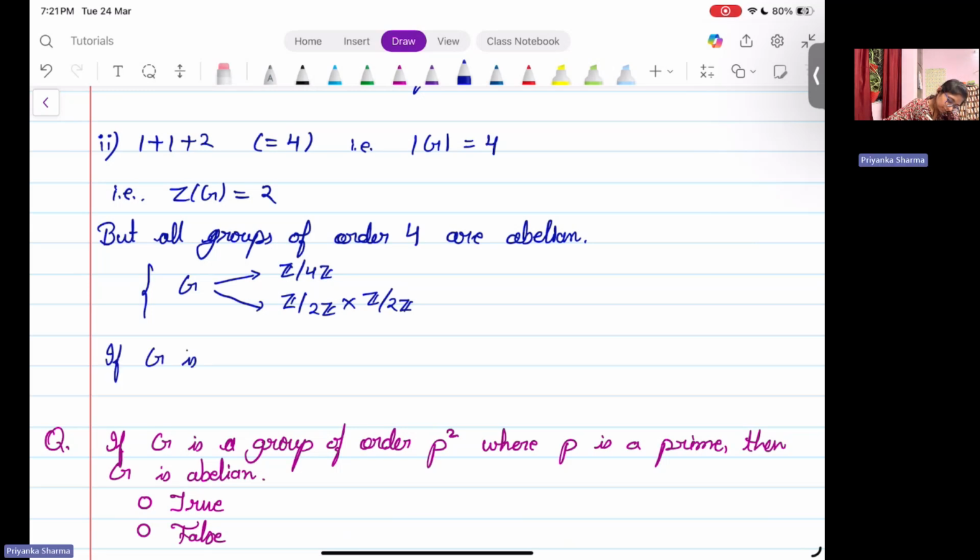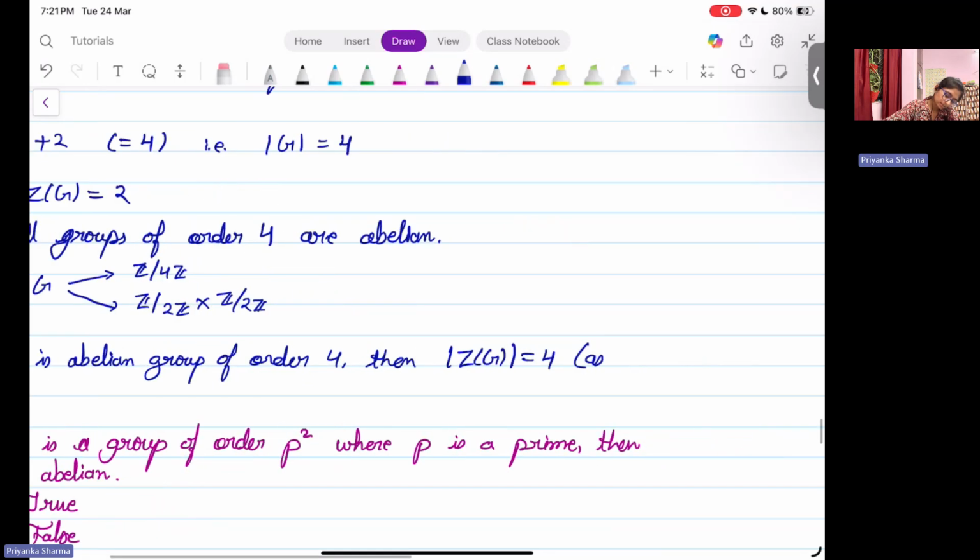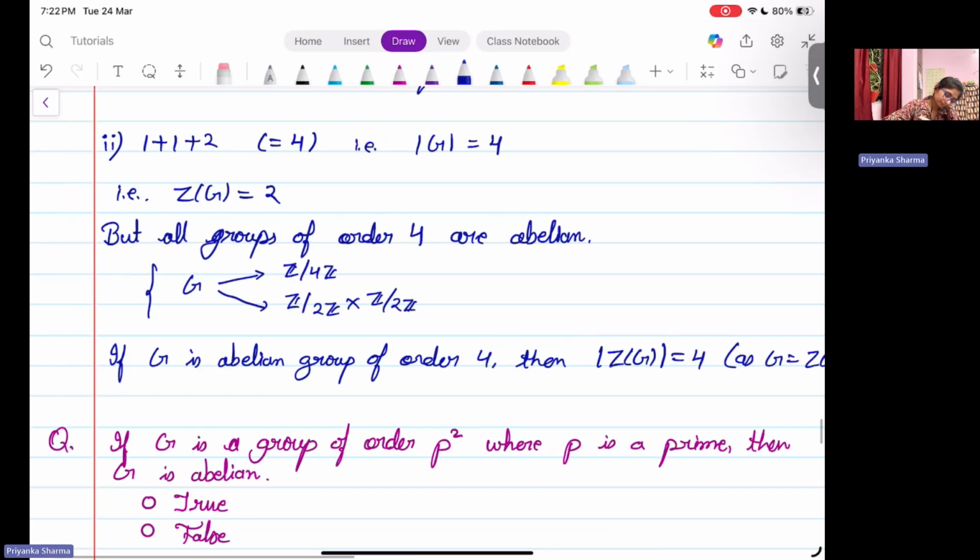And if G is an abelian group of order 4, then the order of the center will be 4, as the group will be the center.